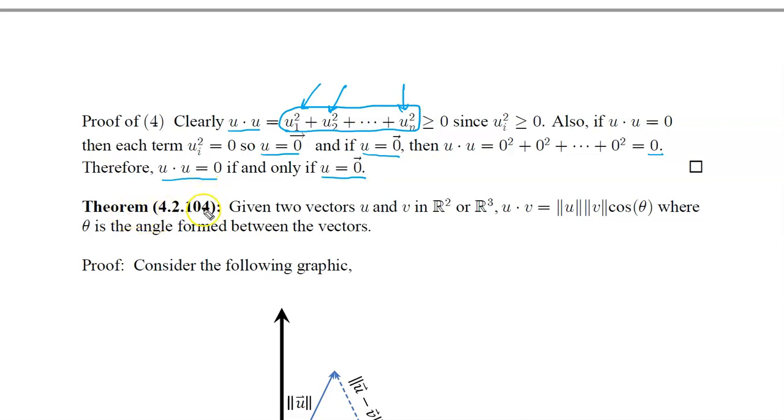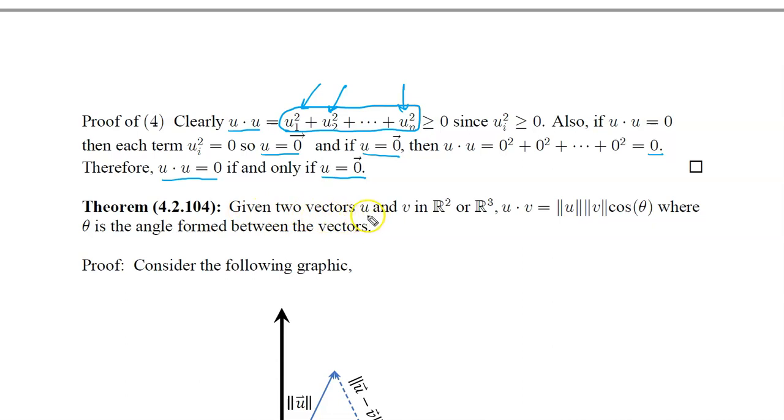Now let's take note of this important theorem here. This is going to tell us how we can calculate angles between vectors in any vector space, whether it's R2 or R3 or any other vector space. So this is a very important result right here.